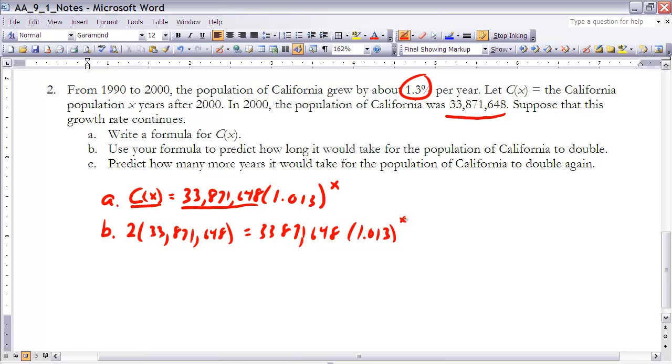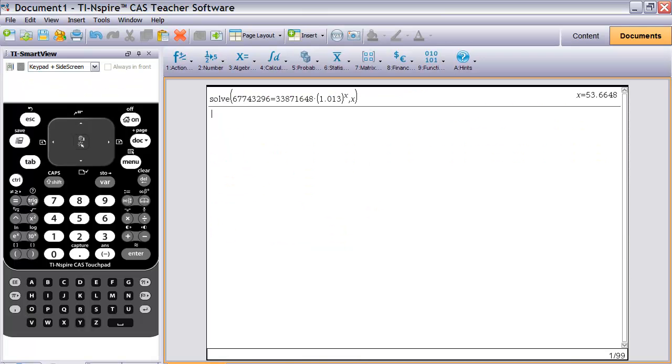So now I'm going to use my CAS to do that. In my calculator, this is what I'm going to enter: solve, and then 2 times this number, which is this number right here, 67,743,296, times my original A value times 1.013 raised to the x value, and I'm going to solve it for x, so I have to put comma x after it.